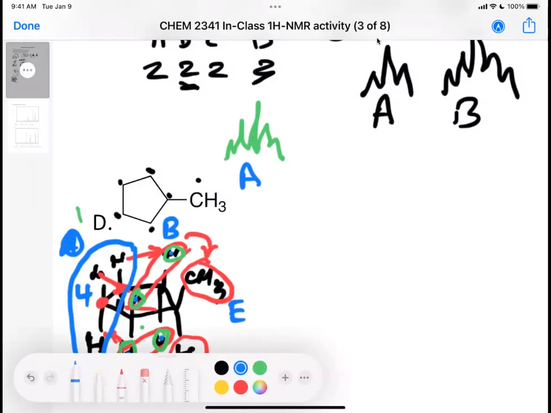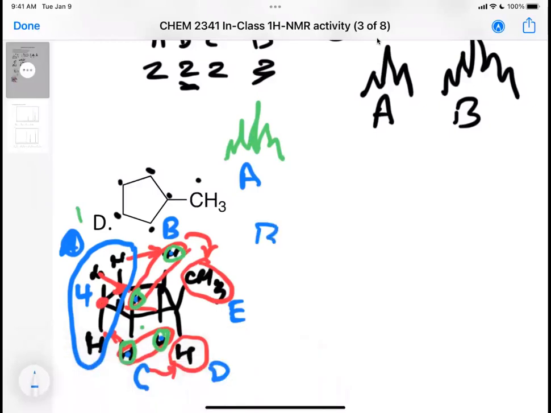Now let's do B. Right here, there are 2 hydrogens, and they are 1, 2, 3. So all 4 of these hydrogens are next to them. And these hydrogens, which are not even bonded to the same carbon, are not equivalent, so we have to count them.